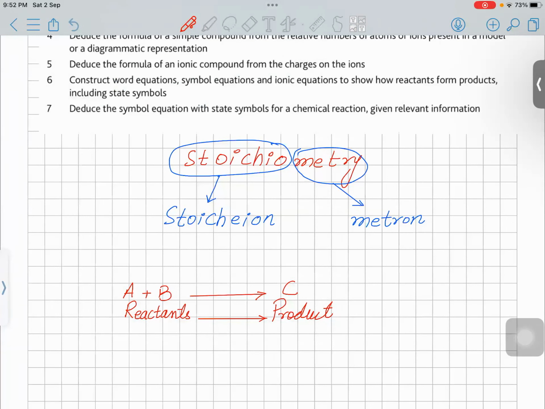Stoichion means elements, and metron means measure, to measure.